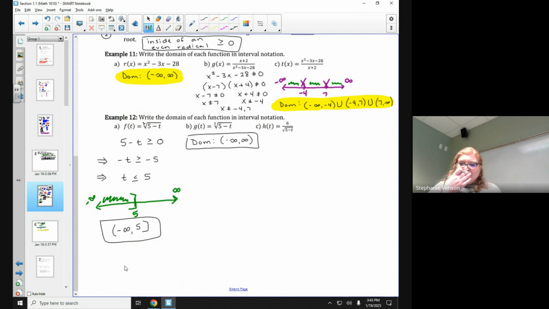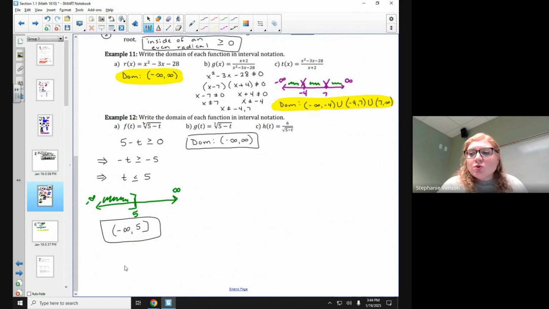And now let's look at C. Now C is going to be a little confusing for us because it combines what we did in example 11, rule 1, and in example 12, because we have 6 over the square root of 5 minus t. So we have a square root, which means the inside has to be greater than or equal to 0, but that square root is in the denominator position. So it can't be equal to 0.